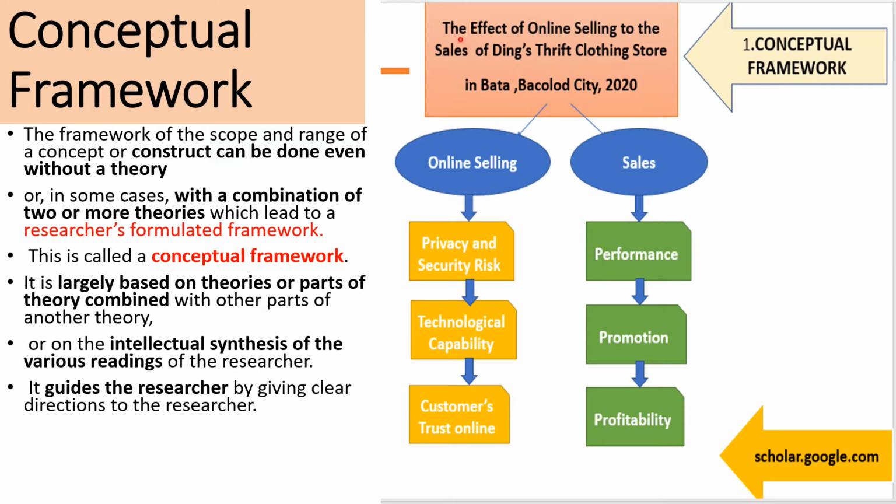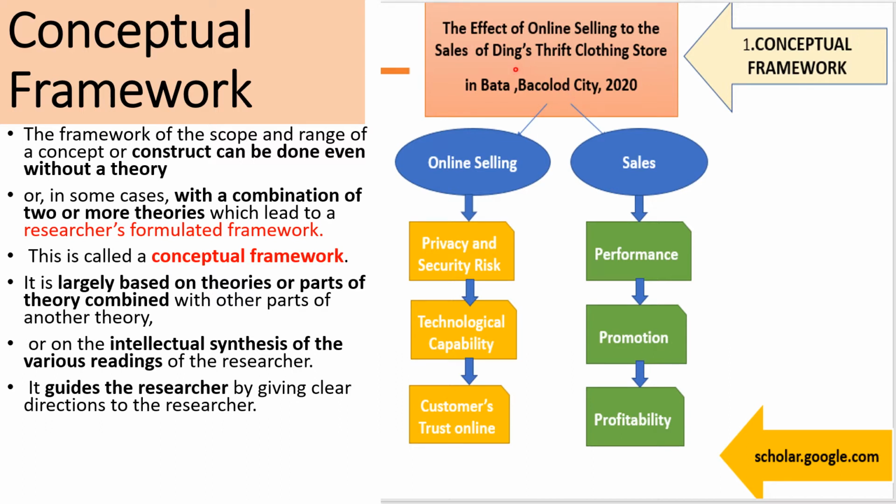The title is The Effect of Online Selling to the Sales of the Thrift Clothing Store in Bata Bacolod City 2020. So I think, in my opinion, the WH information has been given here, and it's short, consists of 10 to 15 words.